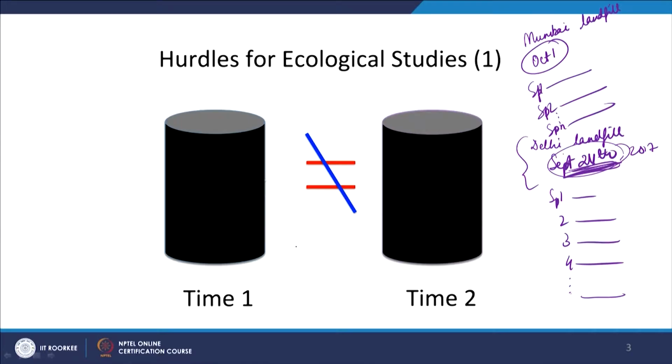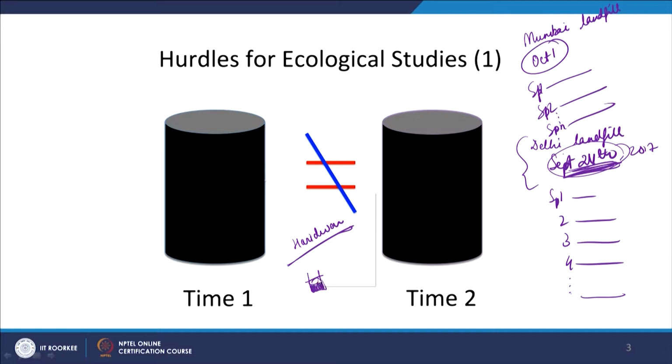The other aspect of this, time 1 is not equal to time 2, is, for example, you go to Haridwar and you sample the wastewater treatment plant, okay, and you find that the Haridwar wastewater treatment plant has this much problem, has this much emerging contaminants, and has this much DO, this much BOD. So you get the information for the water from this Haridwar wastewater treatment plant.